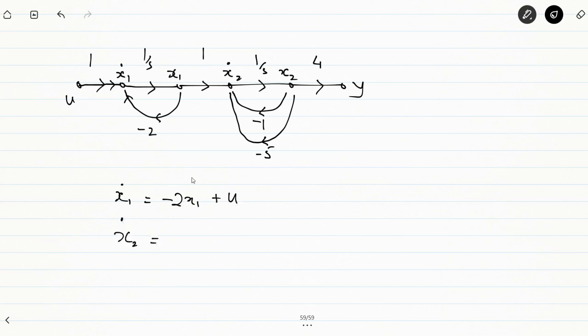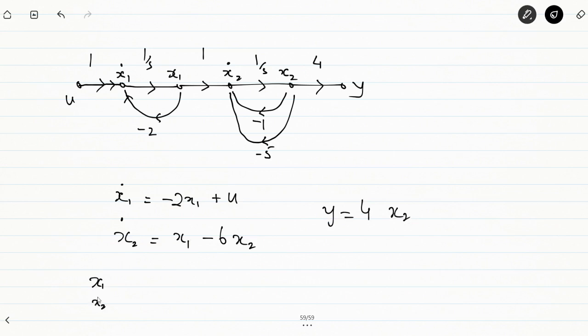As far as x2 dot is concerned, it is 1 times x1 minus 1 times x2 minus 5 times x2, that is a total of minus 6 x2, fine, and y is in this case equal to 4 x2.